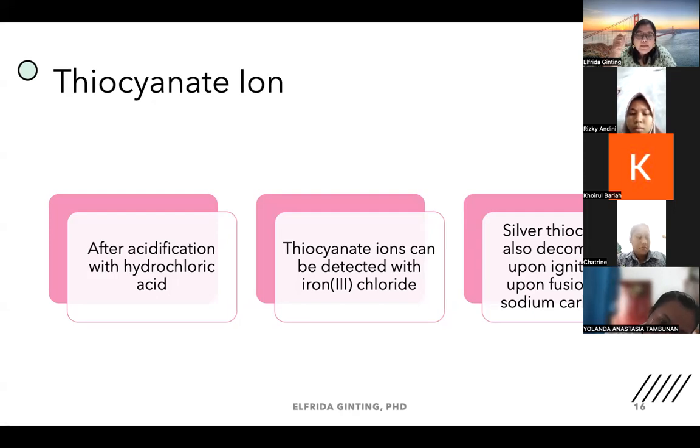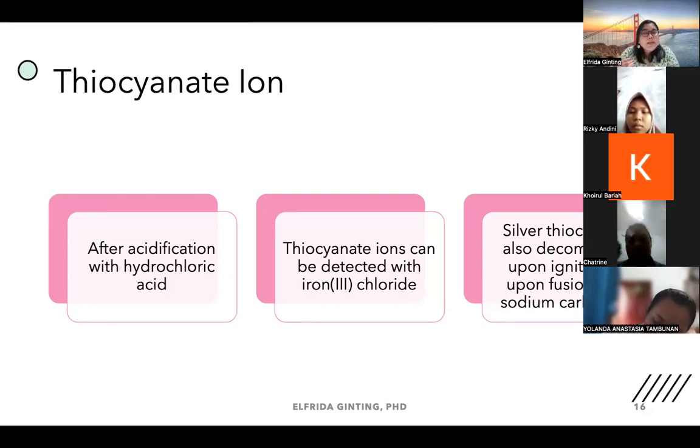How do you decompose it? You ignite it using sodium carbonate. So this is the way we analyze thiocyanate ion. First we use sulfuric acid, and different concentrations of sulfuric acid will give us different analyses.